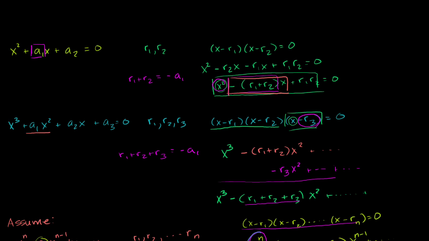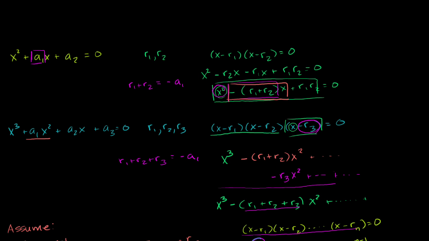So in general, if someone gives you a polynomial, let me think of some crazy polynomial. If I were to give you x to the 7th minus pi x to the 6th plus e x to the 5th minus square root of 2 x to the 4th minus, I won't write out all the terms, so minus 3 is equal to 0.